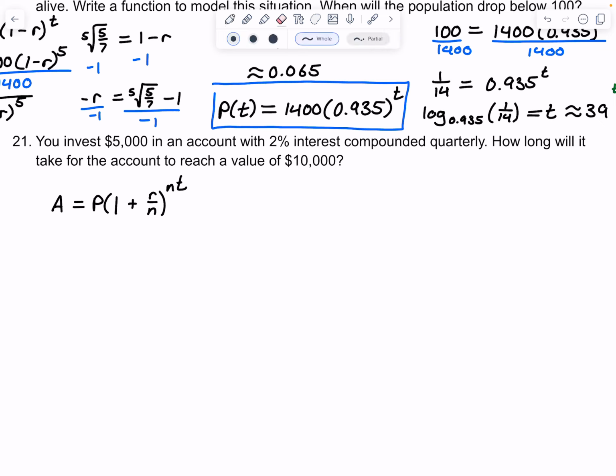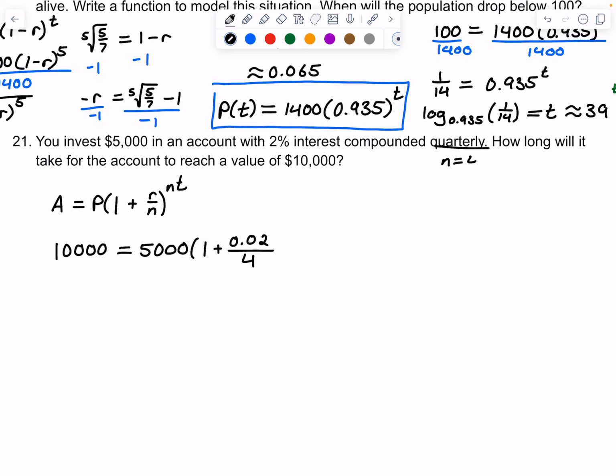And in this equation, the amount that we have after time has passed is 10,000. The principal is 5,000. r is 0.02. n is 4 because it's compounded quarterly. And then it's raised to the power of 4t.